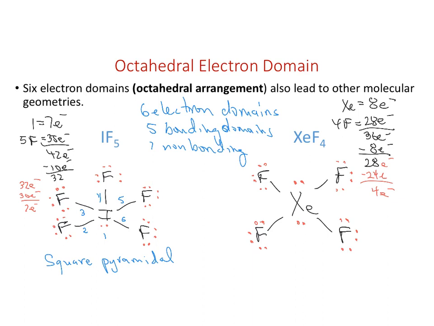Of those 6 domains, 2 are non-bonding, and the rest are all bonding domains, 3, 4, 5, and 6. So again, we would have an electron domain geometry of octahedral, but ultimately our molecular shape, which just depends on our bonding domains, would be square planar.